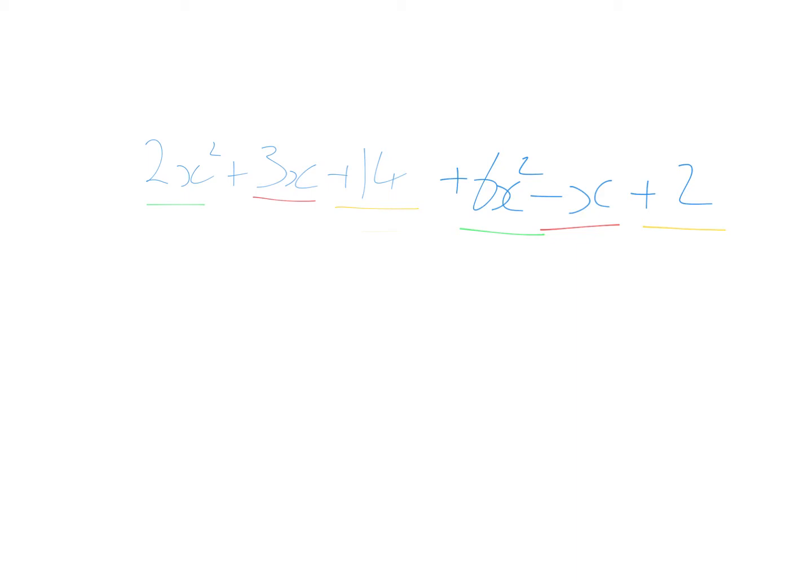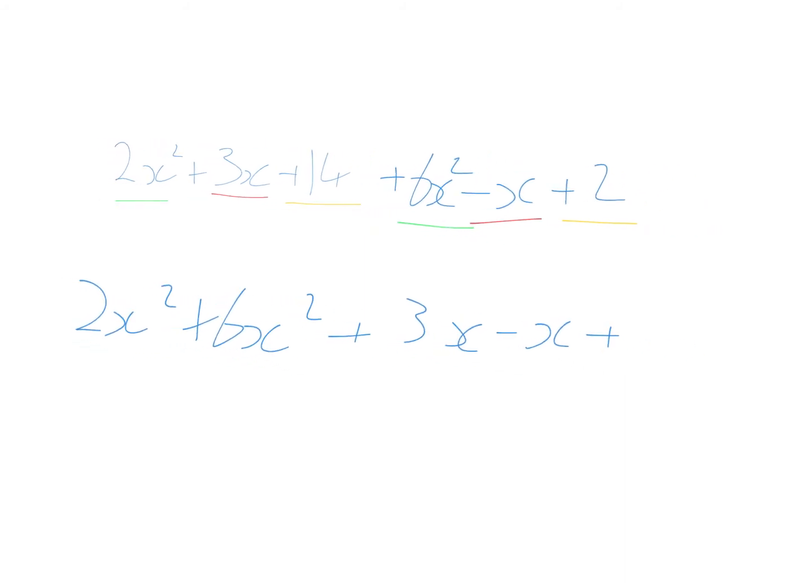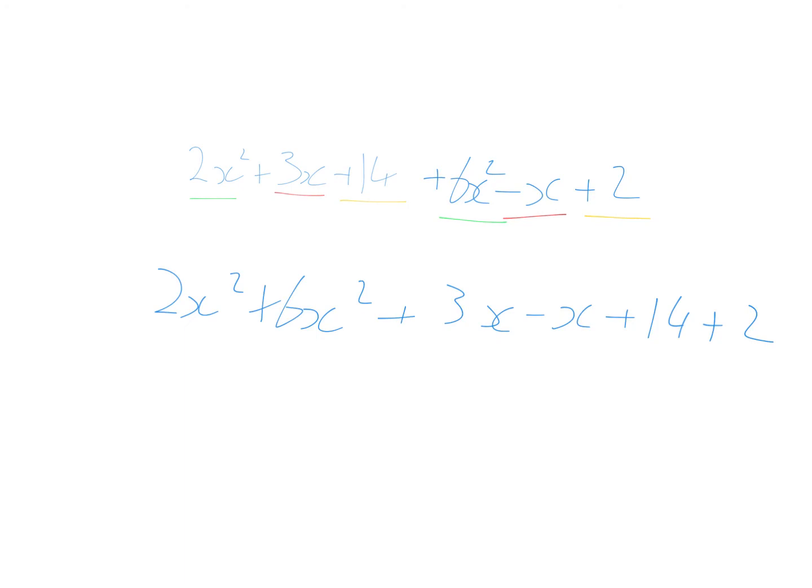So let's rearrange this. 2x squared plus 6x squared plus 3x, take away x, plus 14 plus 2. What I've done here is I've rearranged it so the x squareds are together, the normal x's are together, and then our constant terms are together.